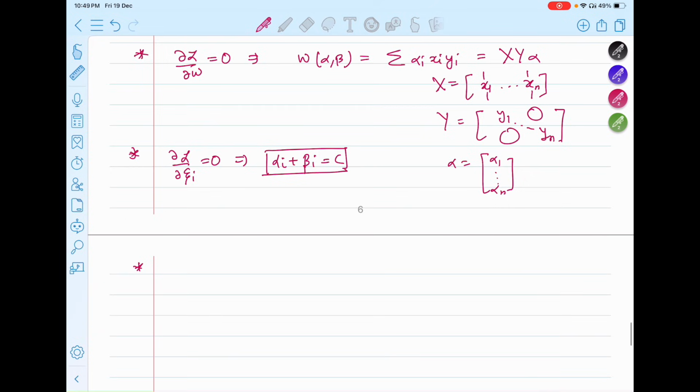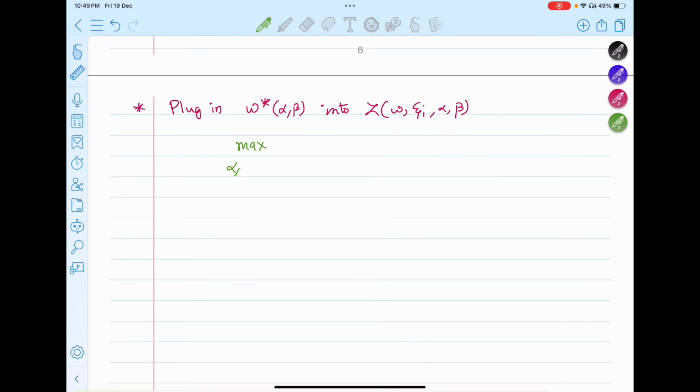Now you can plug in w star (alpha, beta) into L of w, zeta, alpha and beta, and you can get this: maximize with respect to alpha and beta, or maybe just with respect to alpha, which is non-negative, alpha transpose times the vector of all ones minus half of (XY alpha) transpose (XY alpha), such that 0 less than or equal to alpha less than or equal to C, or you can say alpha_i less than or equal to C for every i.